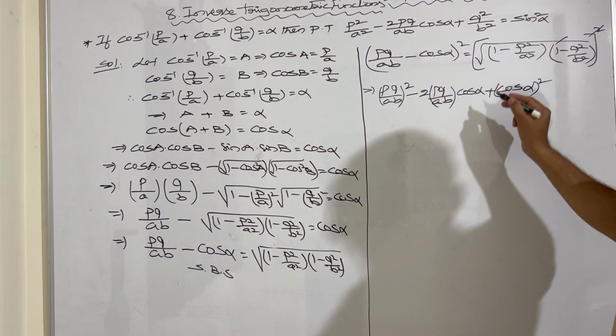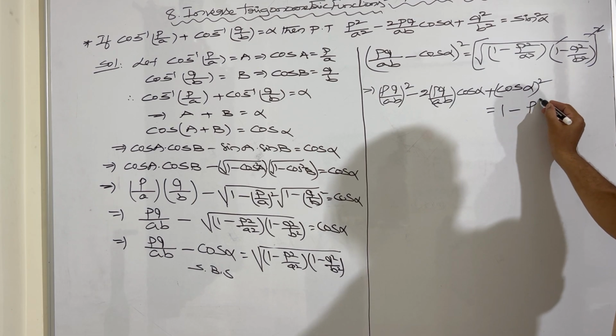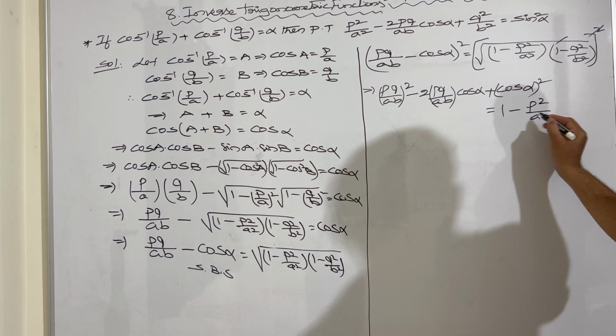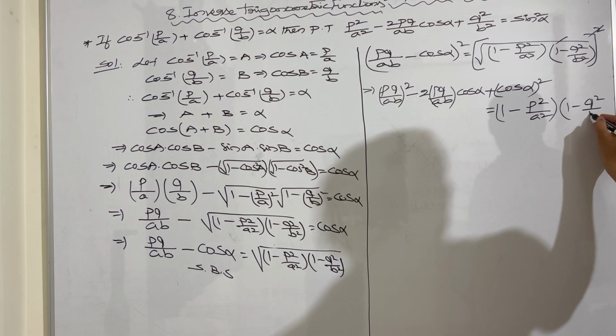On the right side, the square root gets cancelled, which is equal to 1 minus p square by a square into 1 minus q square by b square.